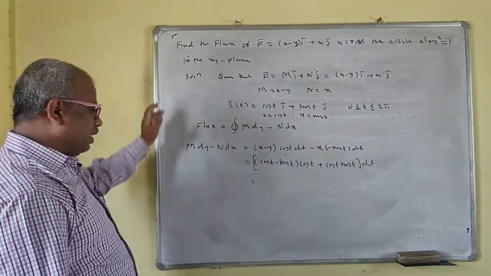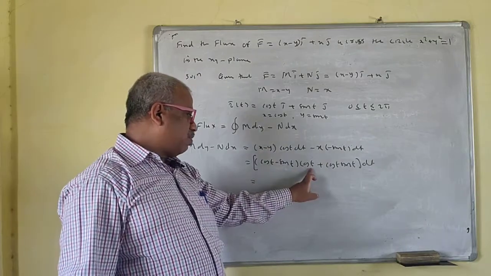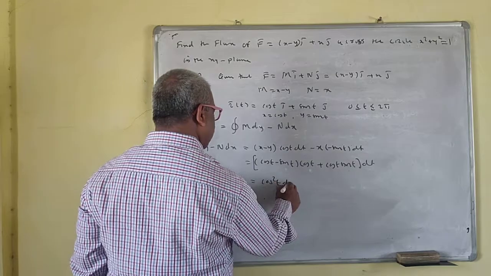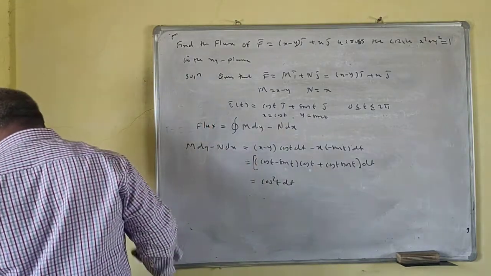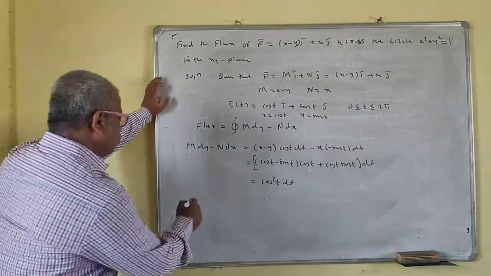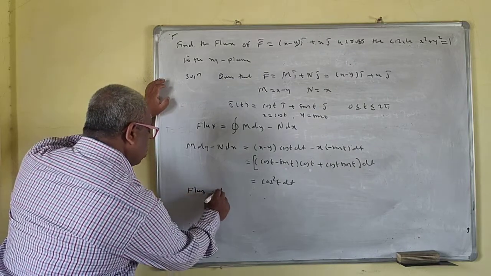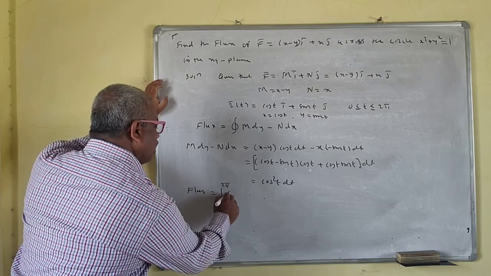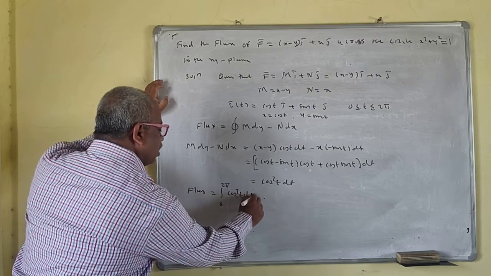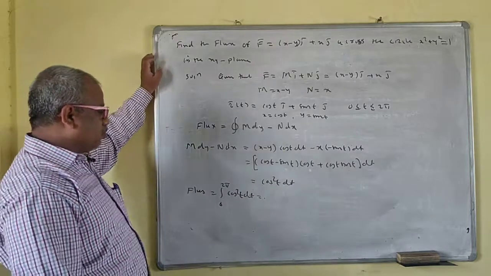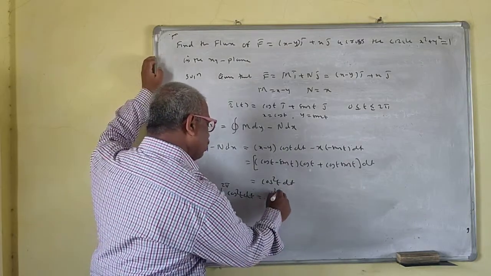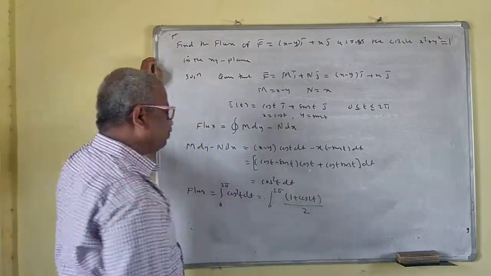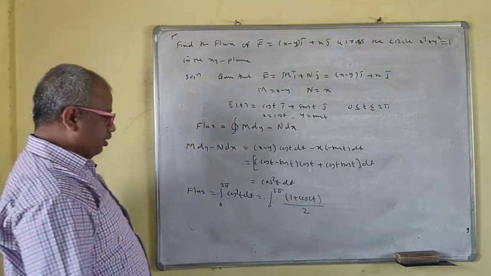If you simplify this, the minus sin t cos t gets cancelled, and this is cos square t dt. Therefore the flux is equal to the integration from 0 to 2 pi of cos square t dt. You cannot directly integrate cos square t. You have to consider this as 1 plus cos 2t upon 2 dt.